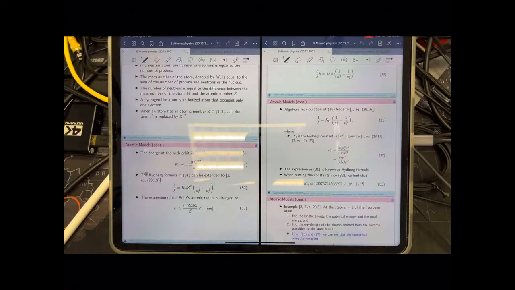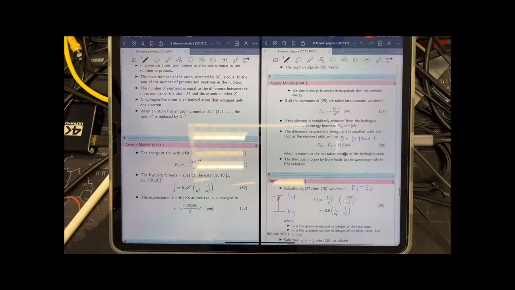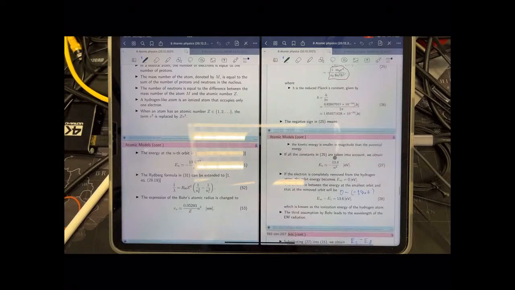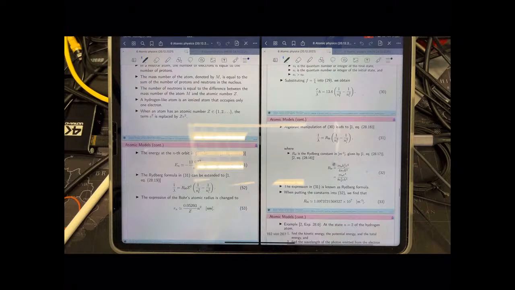But for the Rydberg formula, this expression actually is derived from here, right? You know that e squared appears here, but e squared times e squared gives us e to the 4, right? e with the power of 4 means e squared two times.